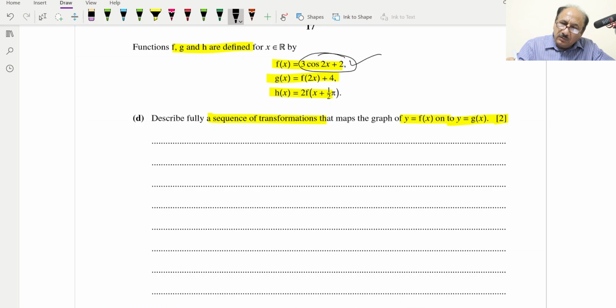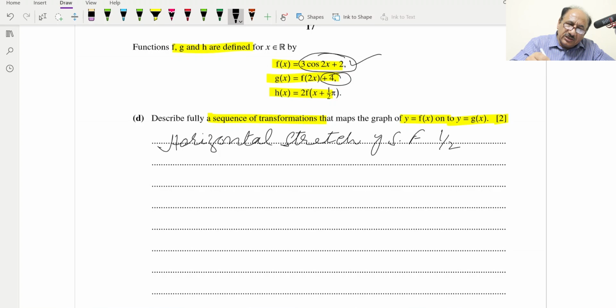So this will be horizontal stretch by scale factor 1 by 2, and this will be translation. We will be checking this second one.